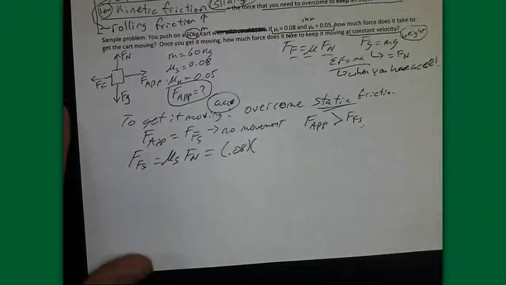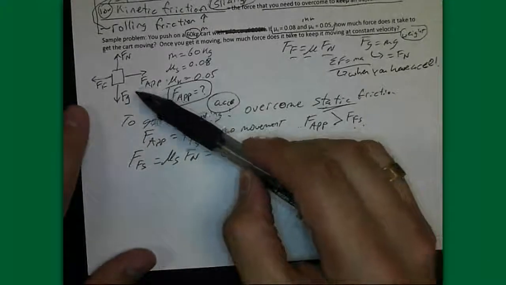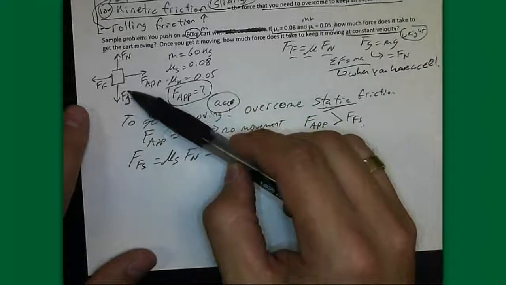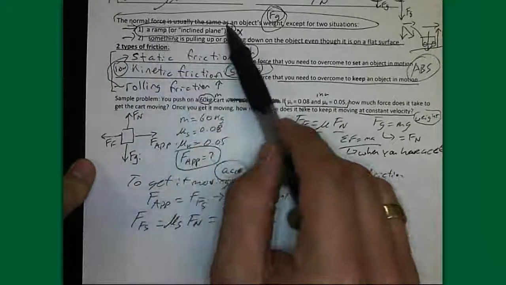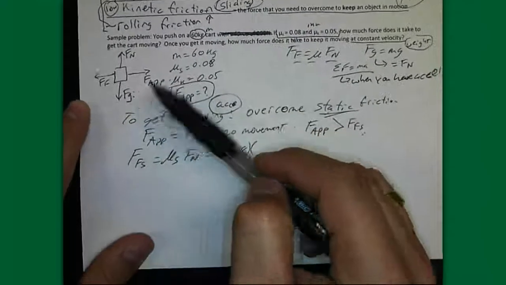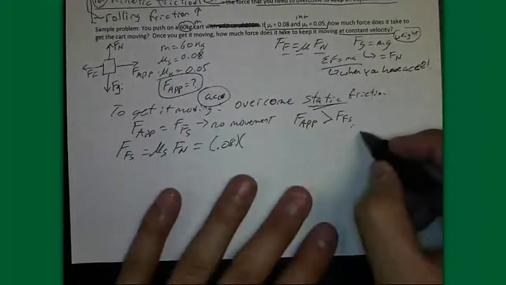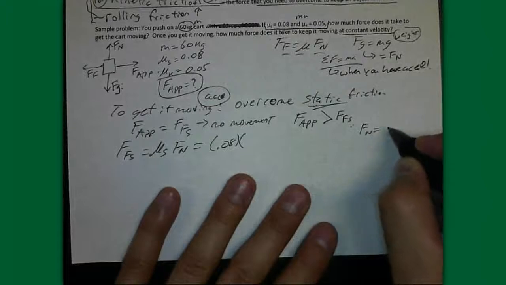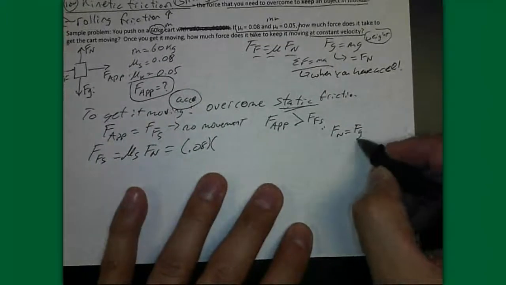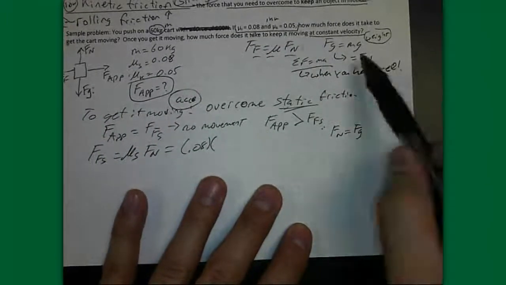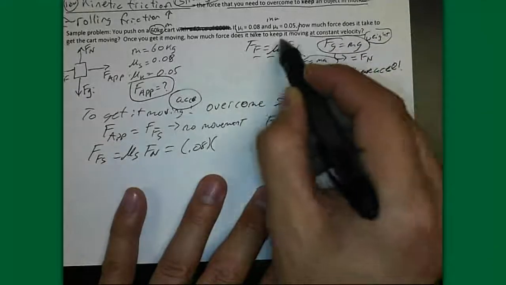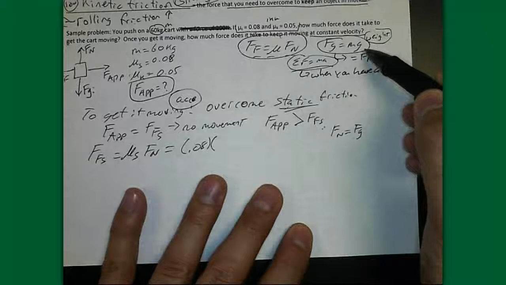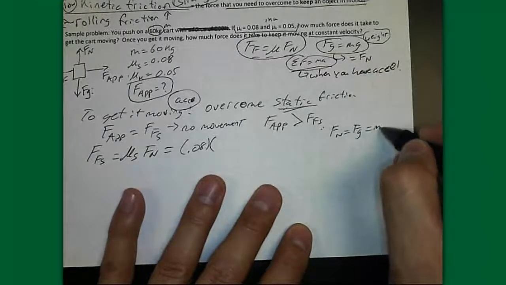Well, we don't quite, but let's look at the free body diagram and consider force of gravity and normal force. These two, remember it said up here, the normal force is usually the same as the object's weight, and it is here. So in order to find the normal force, we have to now find the force of gravity. And remember, these are our three equations that we're dealing with. Force of gravity is mass times gravity.